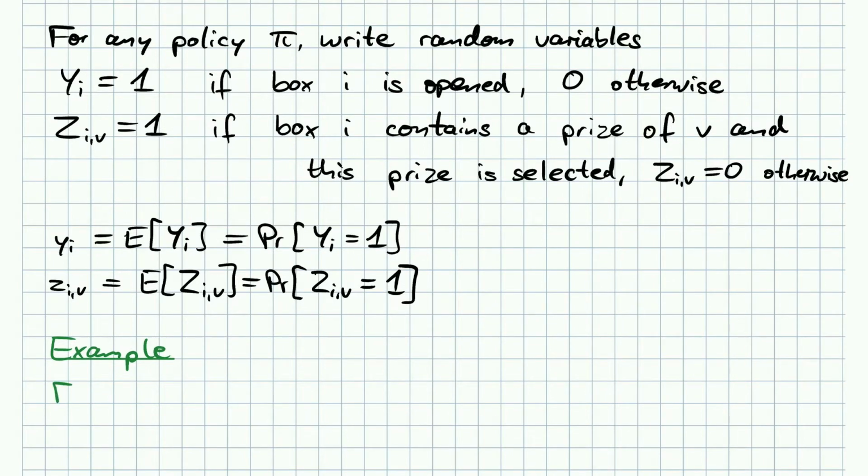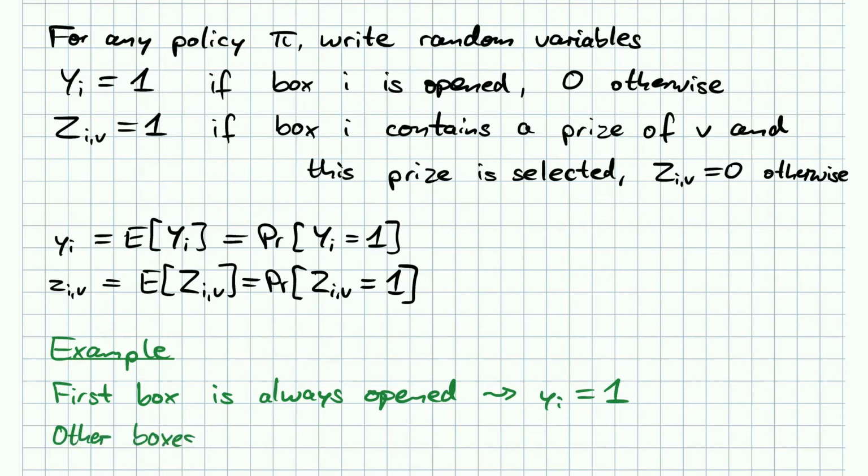There, the first box is always opened, which means that small y_1 will be 1. And the other two boxes, recall that we open them depending on what we find in the first box, and both happen with probability half. So the other boxes are opened with probability half.